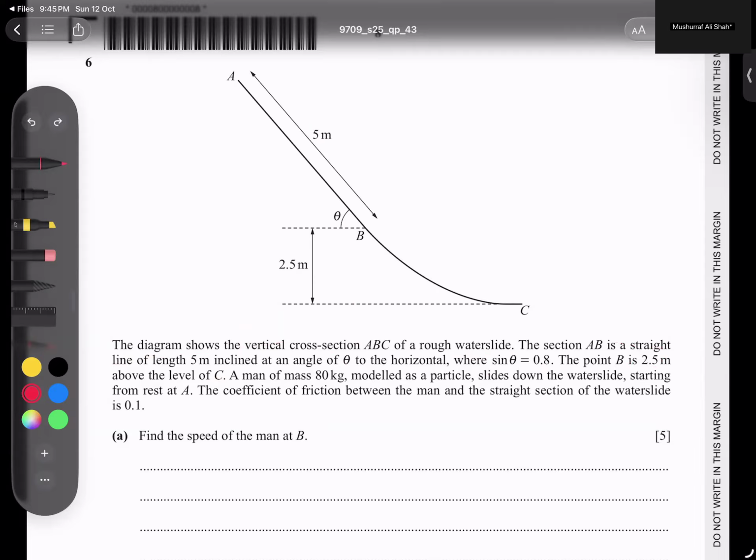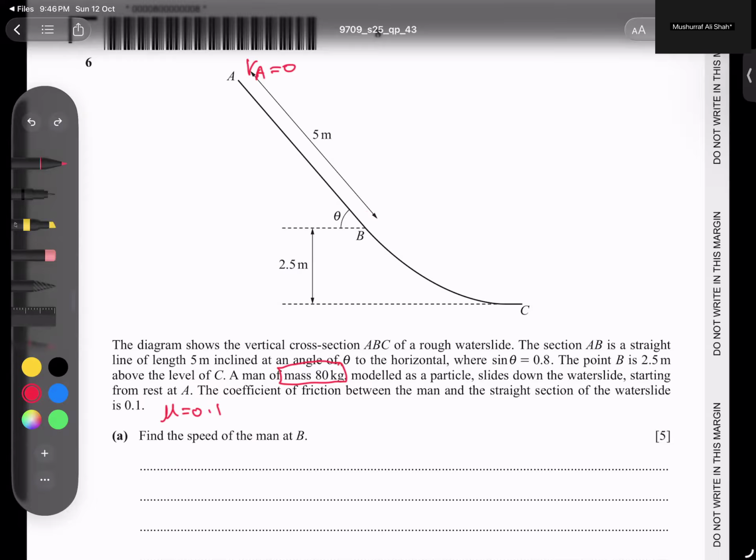The man of mass 80 kilograms is given as a particle that slides down and starts from rest. So velocity at A is equal to 0. Coefficient of friction mu is given 0.1. We need to find speed at this moment. So how we can find it? There are many ways to do it.